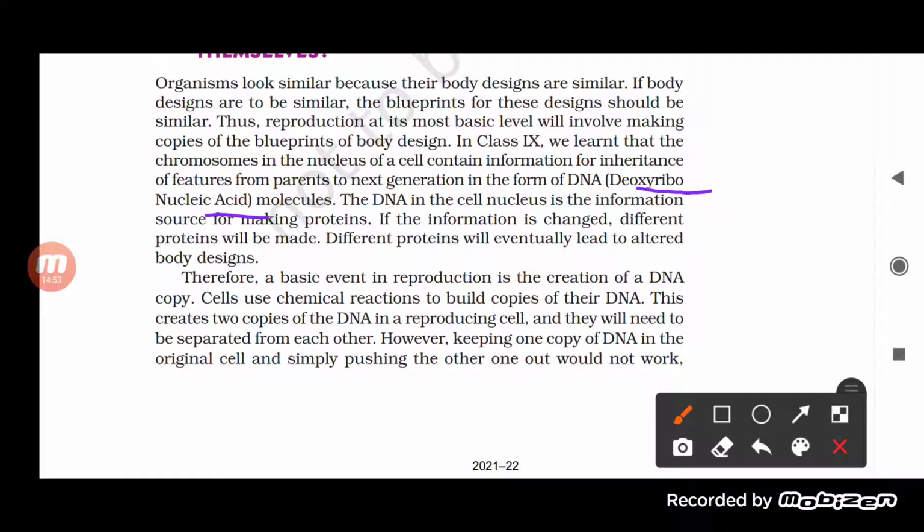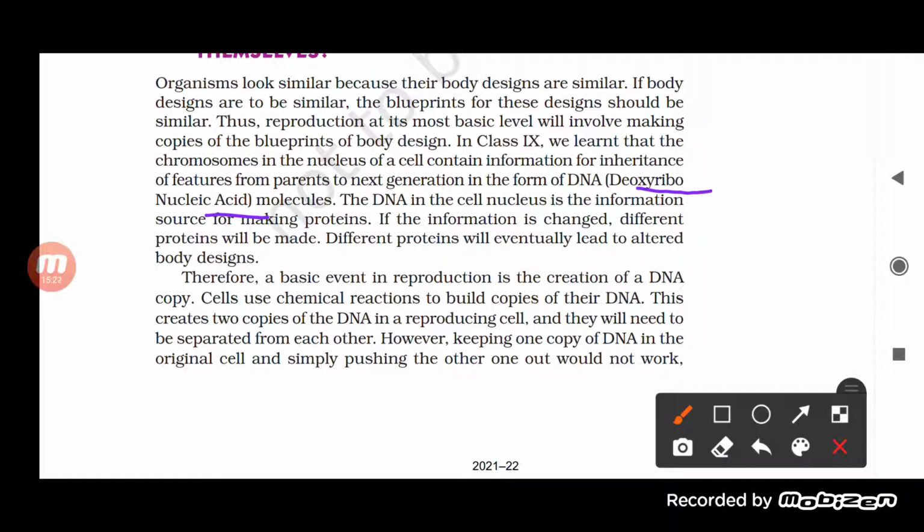When we say reproducing cell or gamete cell, it is the same thing. These reproducing cells or gametes get segregated and carry the characters from the parent or the mother. So that's why it is written here that the cell uses the chemical reaction and builds the copy of the DNA.